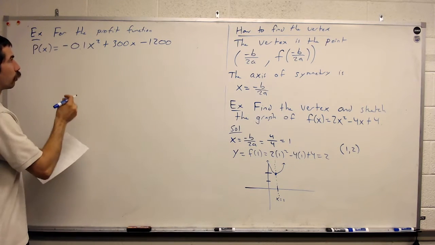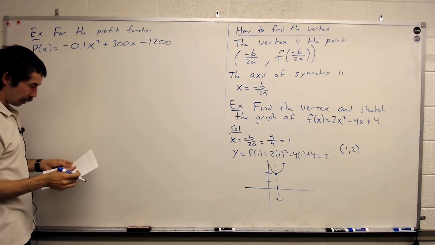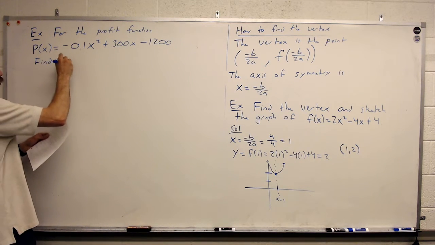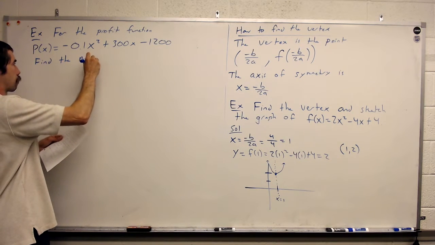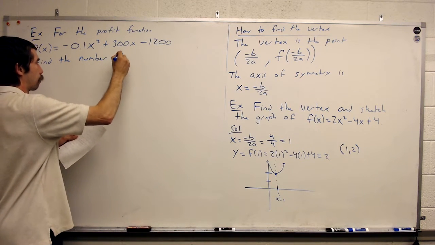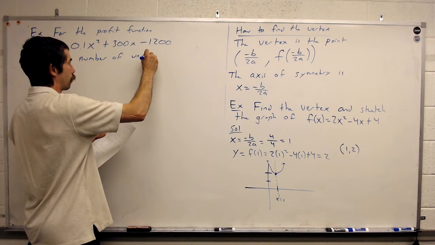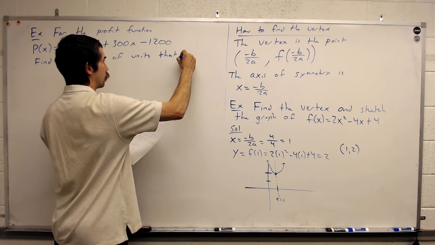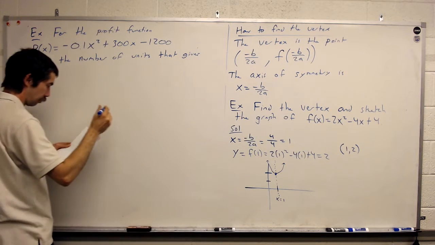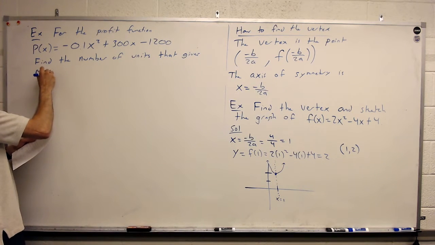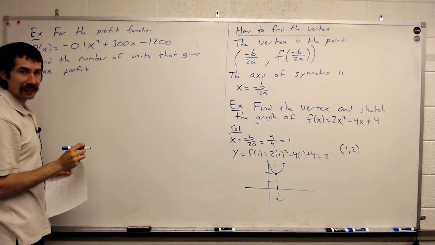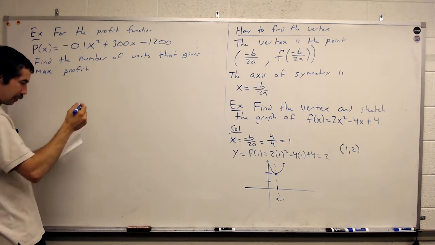So for the profit function, let's find the number of units that gives the maximum profit. And we're going to find the maximum profit.